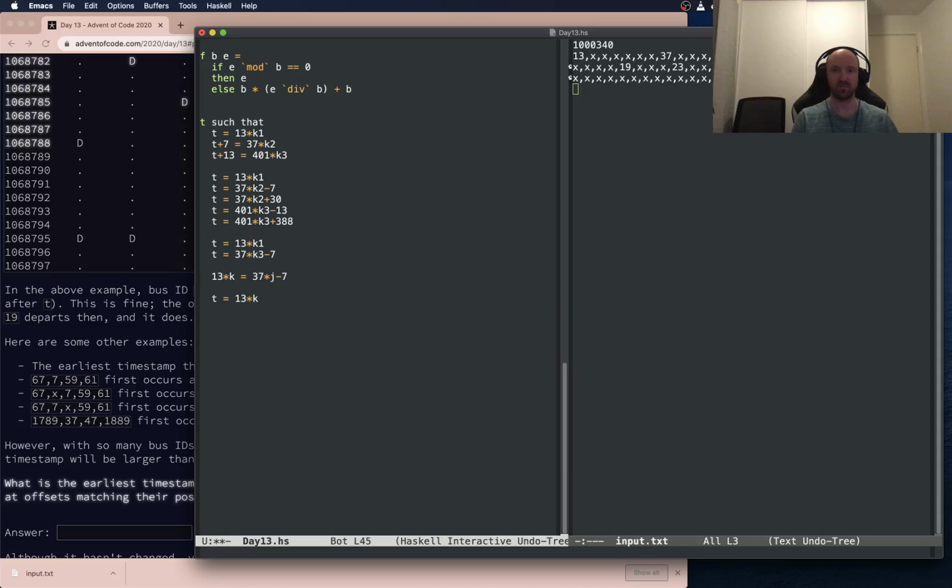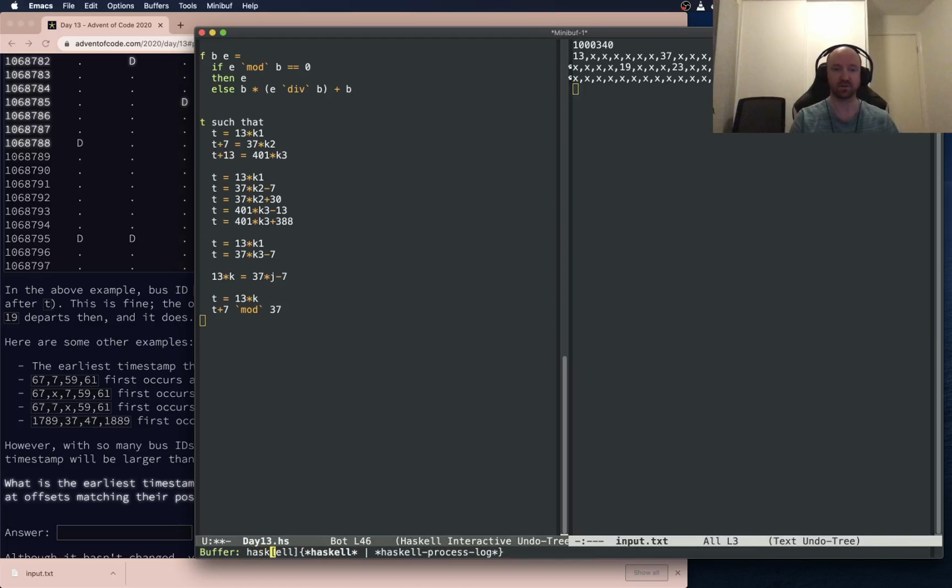And then you look 7 minutes later, at t plus 7, and you say, what is t plus 7 mod 37? If the answer is 0, then the two buses have coincided. But if the answer is not 0, then they haven't coincided, and the answer you get tells you how far off you are.